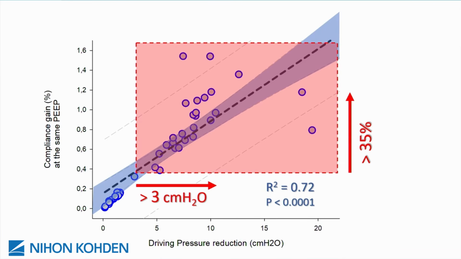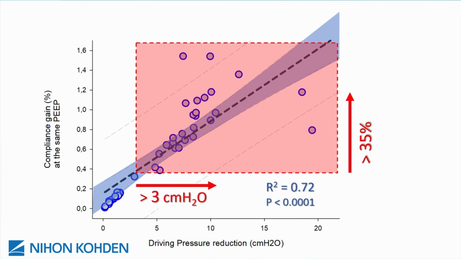So clinically, we are trying to establish this kind of threshold. A recruitment maneuver would be worth it, or I can say that this patient is highly recruitable, if I can gain 3 centimeters of water of driving pressure, if I can gain 35% of compliance, or if I can reverse 10% of lung collapse.